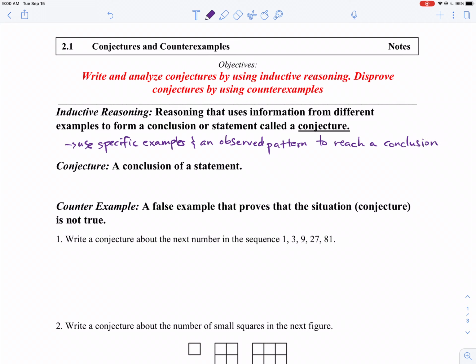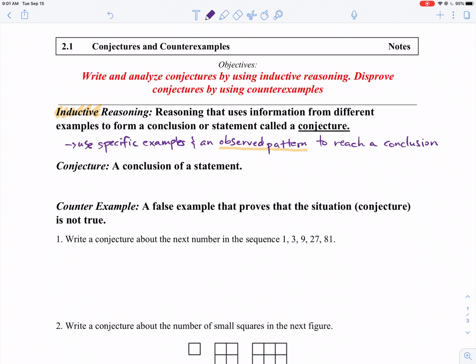In our textbook, it talks about how it never snows in Florida. One of the students says it never snows in Florida because she's never seen any snow. That could be a conjecture she is trying to prove, based off of this pattern. So that's inductive reasoning, based off of patterns that we have observed.